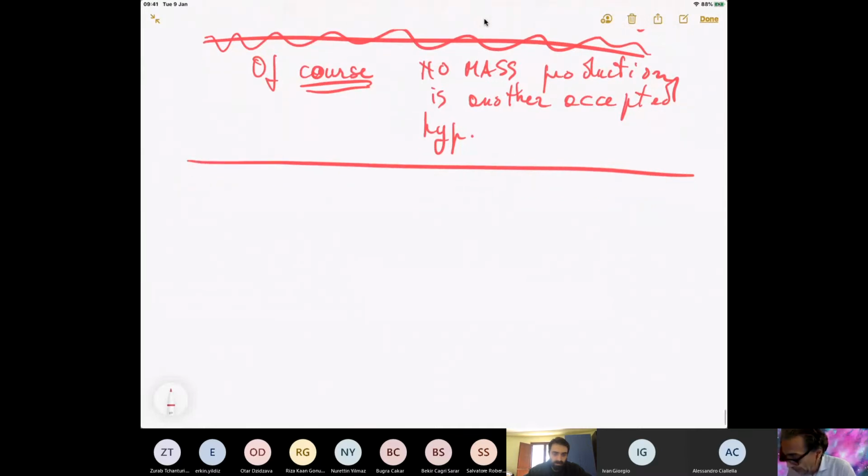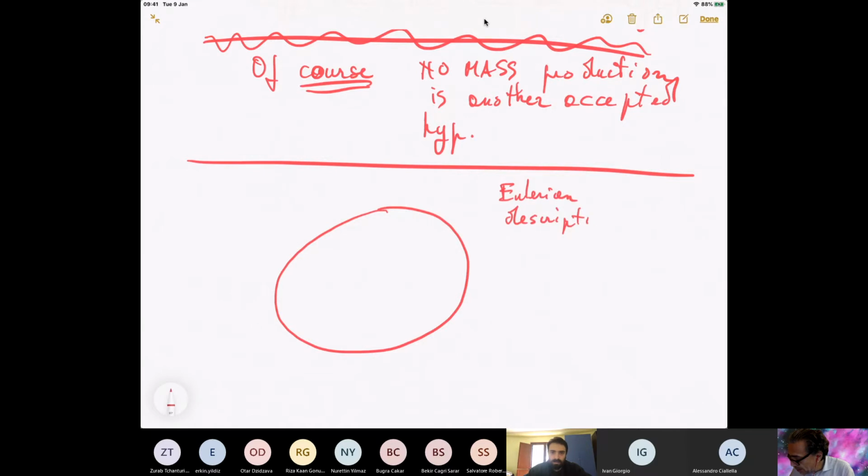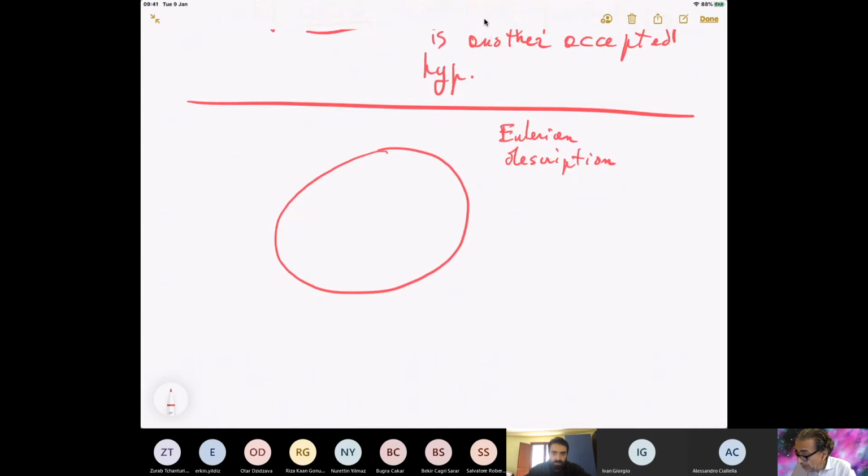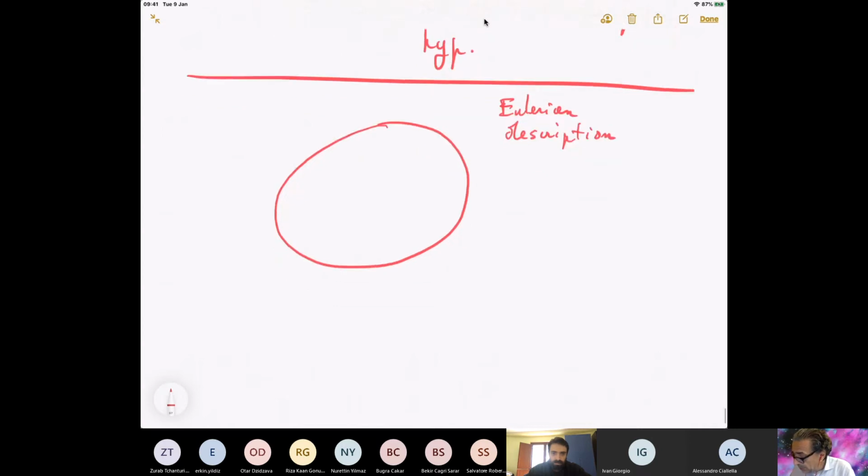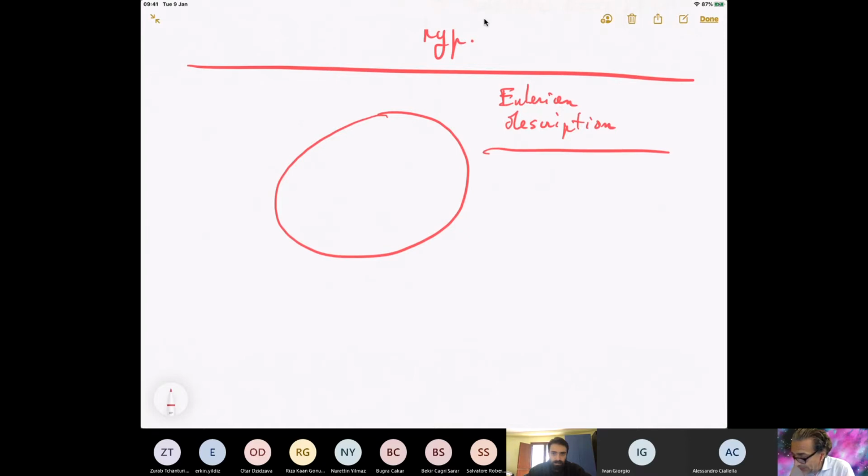Now, we need to understand, always if we have the Eulerian description, how to define and how to calculate the so-called material derivative of an Eulerian field.